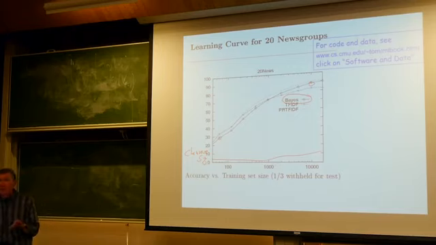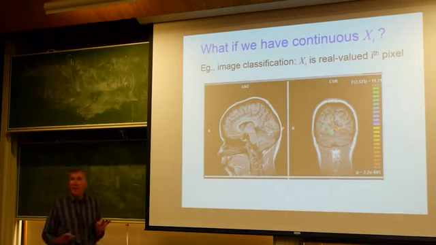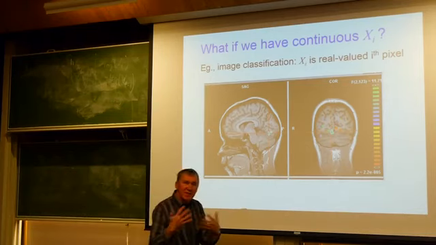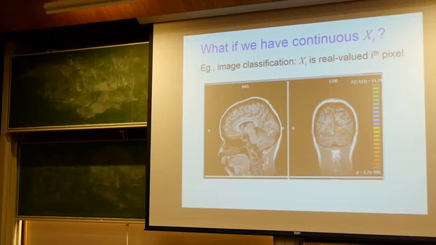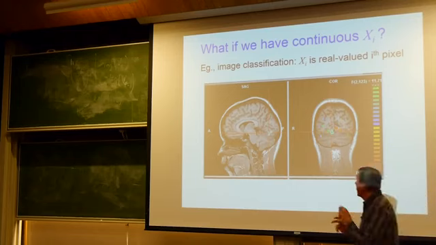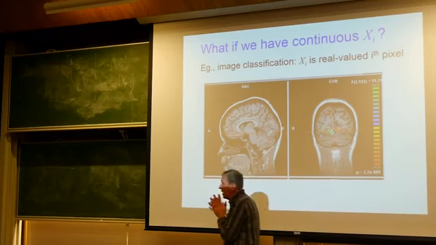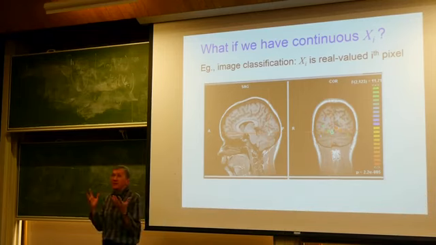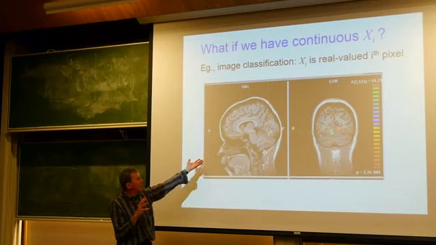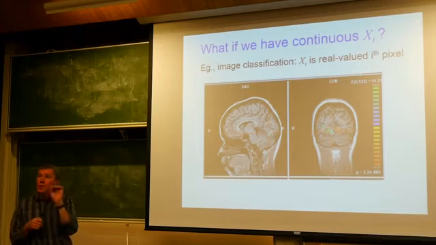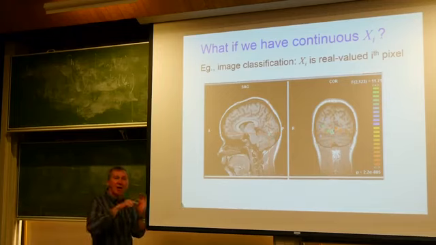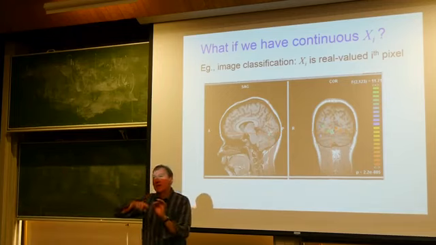So what I want to do now is move on to a more conceptually interesting question, which is, well, what if our x sub i's are continuous instead of discrete? So for example, I might have image data, like brain image data that we've been using in our own research group, where the pixels in the images are continuous values.